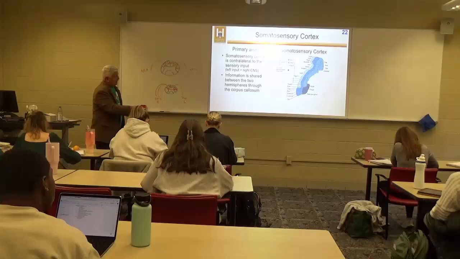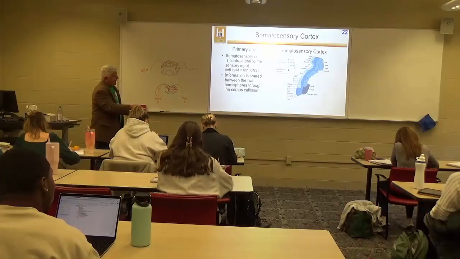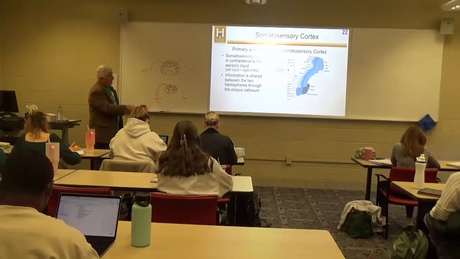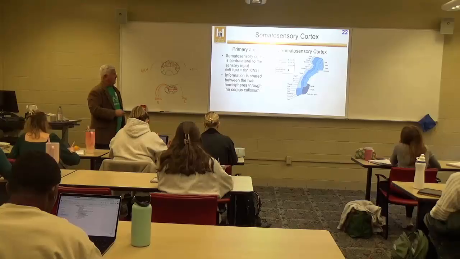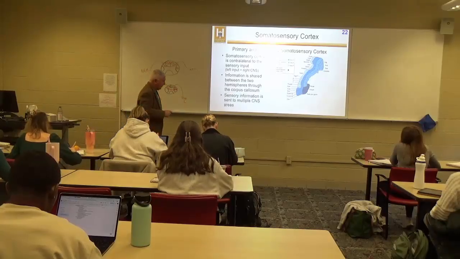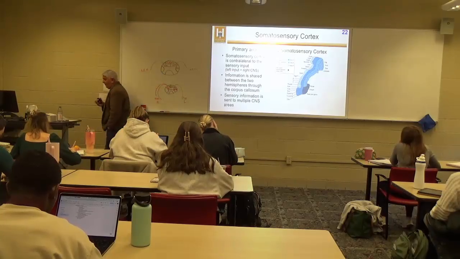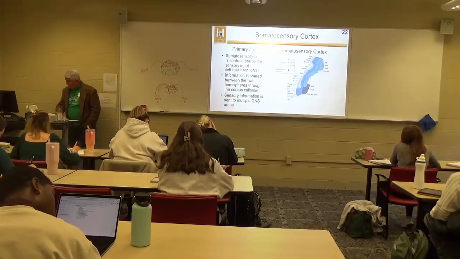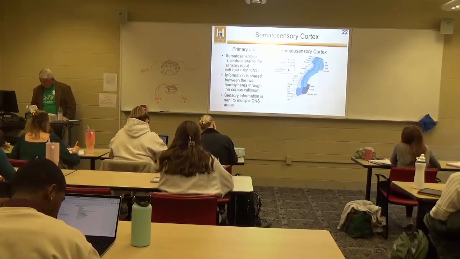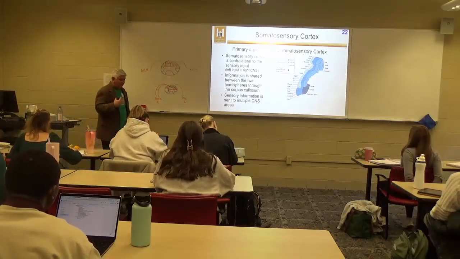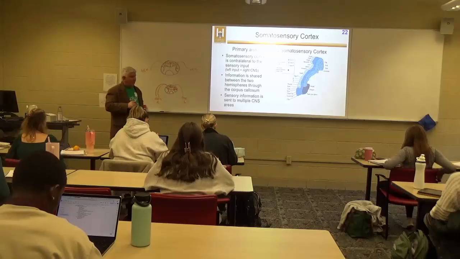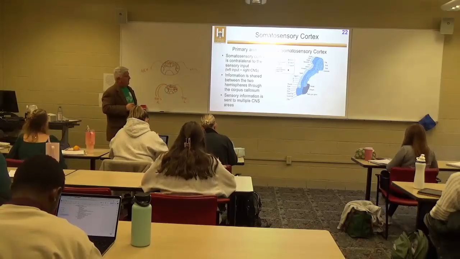Again, organized by dermatome from your toes up to your legs, to your trunk, to your shoulder, to your hands, to your face, down here, right? From here, the somatosensory cortex is communicating with lots of different areas of the brain.